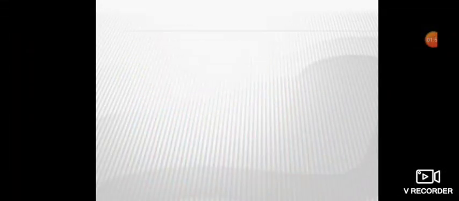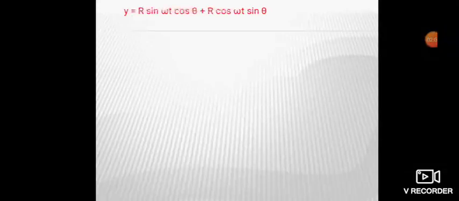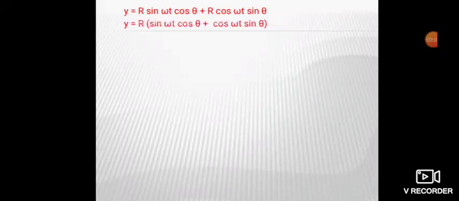Therefore our equation becomes y = R sin ωt cos θ + R cos ωt sin θ. Taking R common, y = R (sin ωt cos θ + cos ωt sin θ).